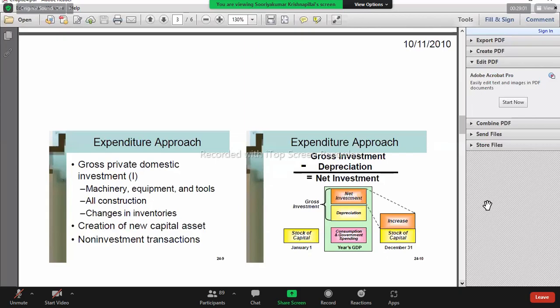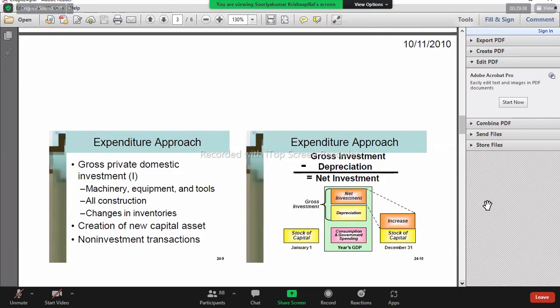Net investment means we should subtract depreciation. All these capital goods, machinery, equipment, tools, buildings, everything has depreciation. The value decreases over the years, or when we use it, the machinery, tool and equipment is used up. So we buy the machinery and run it for a year.